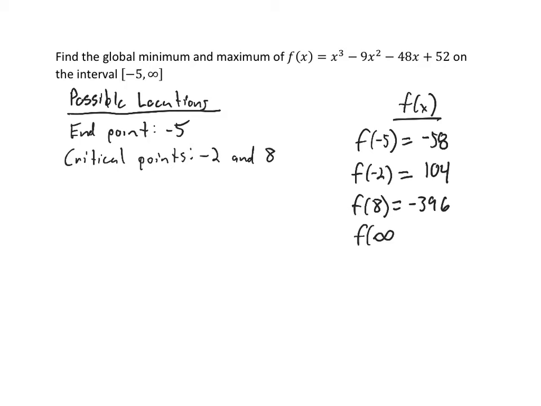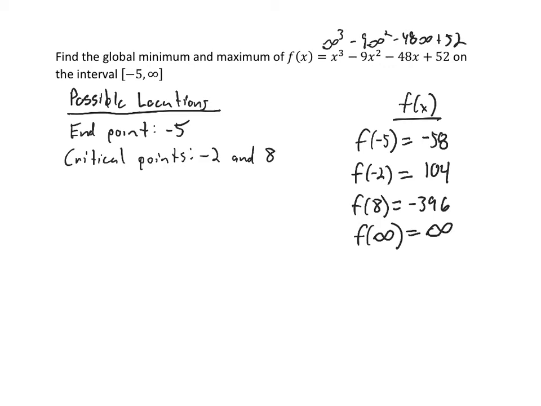And as we go on forever, if I plugged infinity into this function, if we did infinity cubed minus 9 times infinity squared minus 48 times infinity plus 52, you would have this giant number, infinity cubed. So essentially f of infinity is infinity. It would just continue to rise forever and ever.